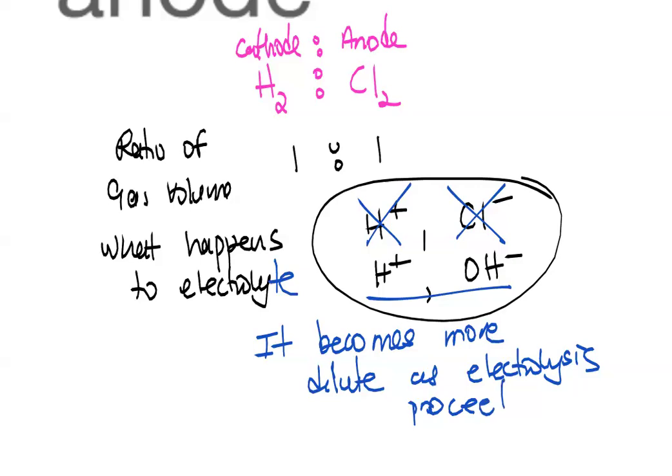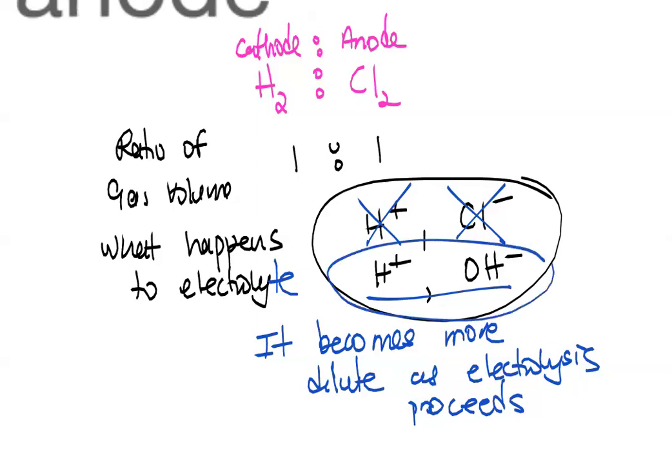My head is thinking one thing and the handwriting another. All good with this? Why does it become more dilute? Because what's left behind? If I remove H plus and Cl minus, HOH remains behind. HOH is water.